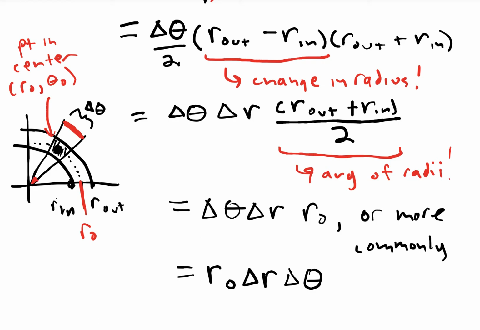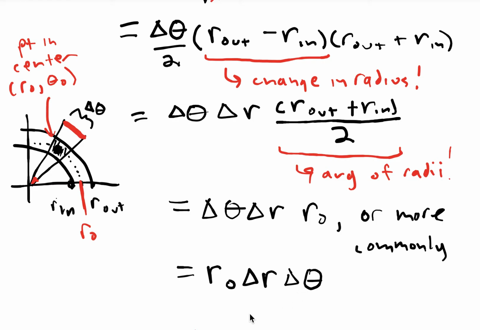You'll notice that I tried to make these things about equally wide in the r direction and equally wide in the theta direction. One of them is much bigger than the other just because of its proximity with respect to the origin. The further away you get from the origin, so the larger r naught is, the bigger that area chunk is.